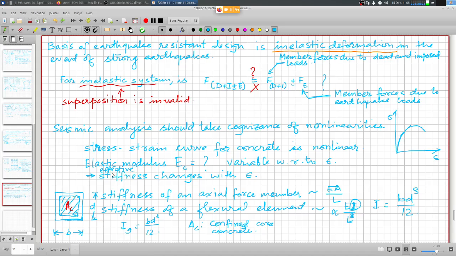Because you see, when the strong earthquake happens, then all this area that you see here, unconfined concrete, will be severely cracked during strong earthquakes.